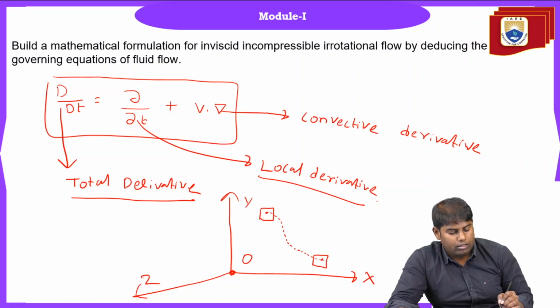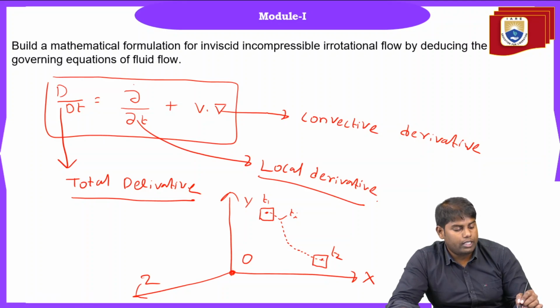At each and every time, let's say this is T1, this is T2, and somewhere in between you have an intermediate time. So at each and every instant, with respect to this first term, basically dou by dou t, this term is called the instantaneous derivative, or the derivative with respect to local time variation.